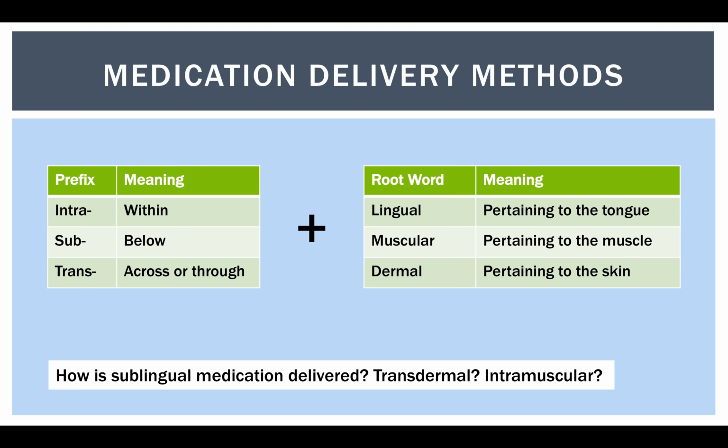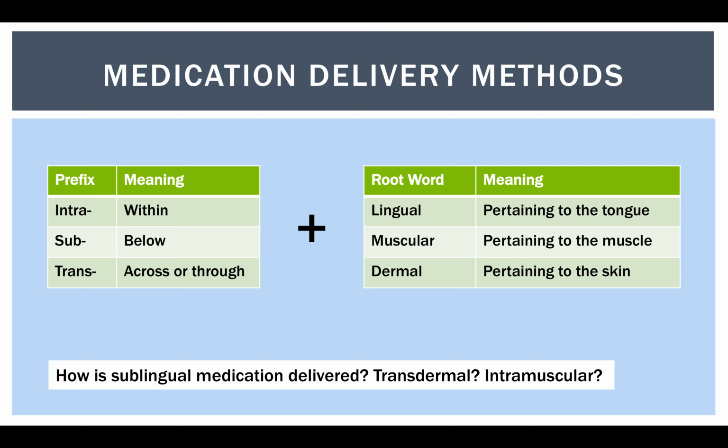You may just know what these words mean, or you can look at these charts, a chart of the prefixes and a chart of the root words. So again, we have some of the words we just had, intra, sub, and trans, and then we have 3 different root words. Lingual is pertaining to the tongue, muscular is pertaining to the muscle, and dermal, like cutaneous, is pertaining to the skin.